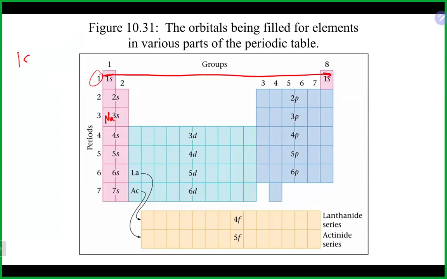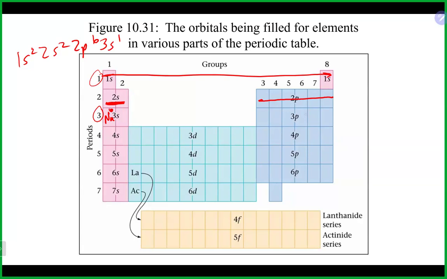That would then be 2s2, those two boxes. Over here, this is 2p6 all the way to the end. And this is 3s only 1, right? First box in, 3s1. So you could count off electron configuration like that.